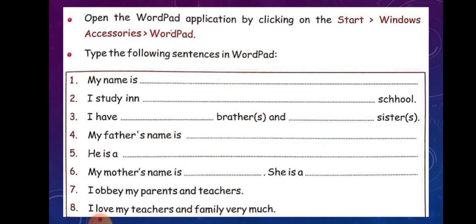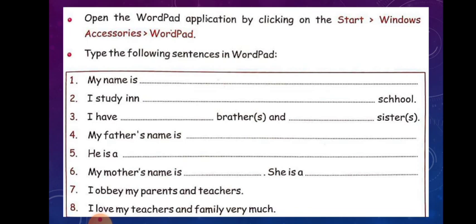Then, use arrow keys and erase all the extra B. It is given in 7th point. I obey, O-B-B-E-Y. So place the cursor, click on B and then press delete key or backspace key.